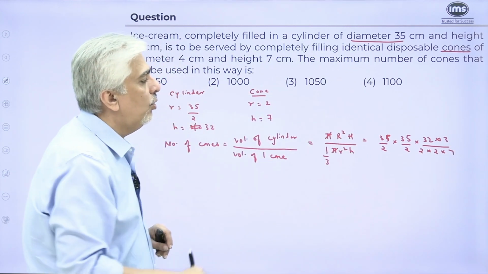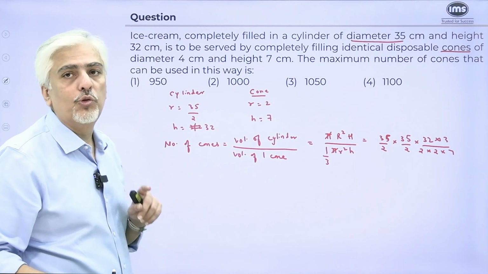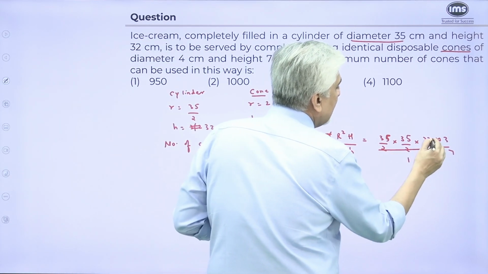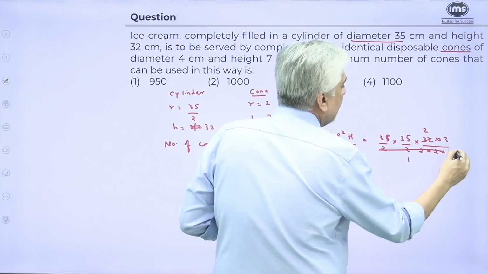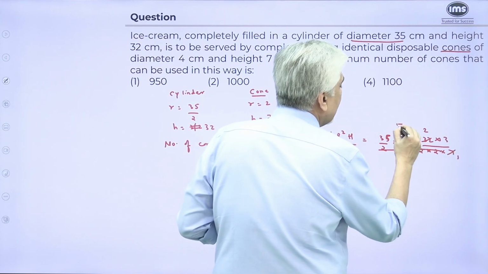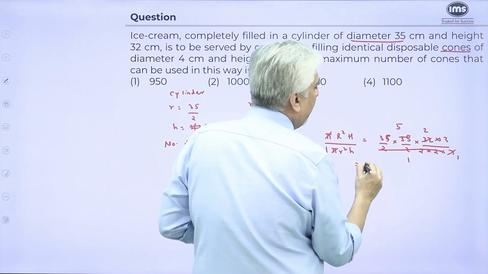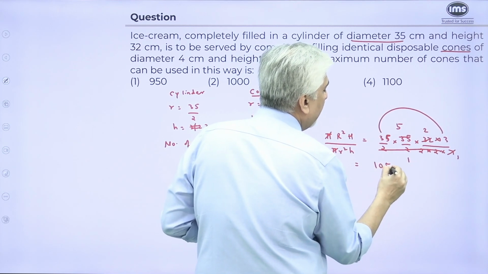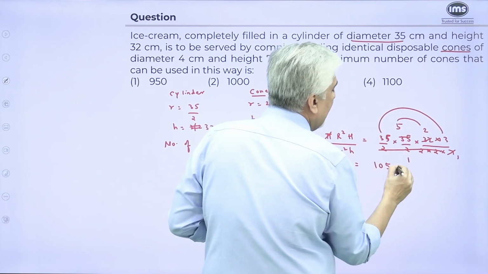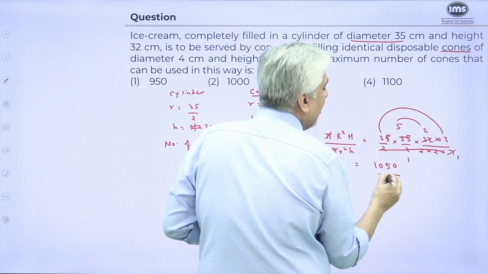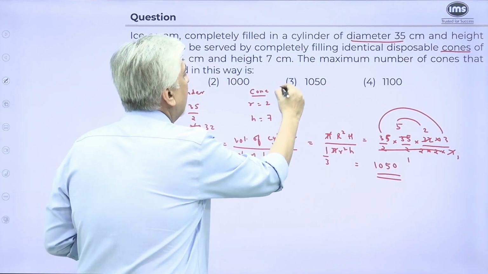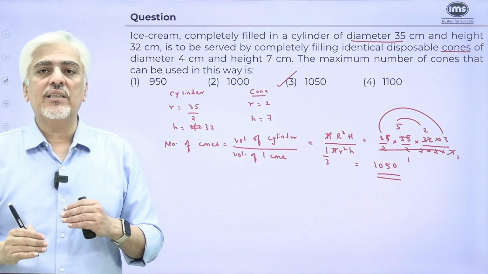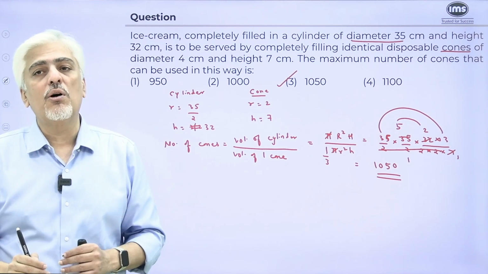If you take all the 2's together, there are 4 2's, so 4 2's will become 16. 16 1's are 16, 2's are 32. 7 1's are 7, 5's are 35. So we are left with 35 into 3. 35 into 3 is 105. 5 2's are 10, so into 10, 1050 cones. So we can make 1050 cones. Simple logic is volume of cylinder divided by volume of one cone.